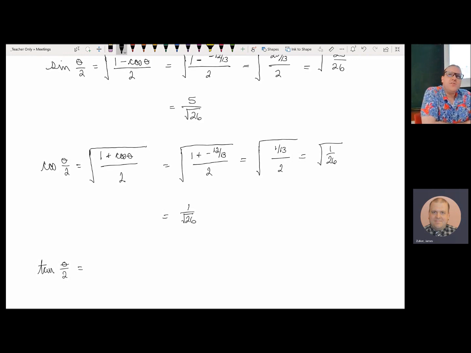Then we have sine and cosine of theta over 2. Tangent of theta over 2, you have 3 options. I used 1 minus cosine over sine.